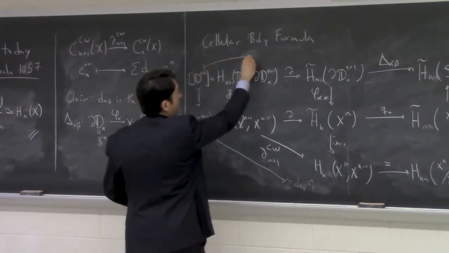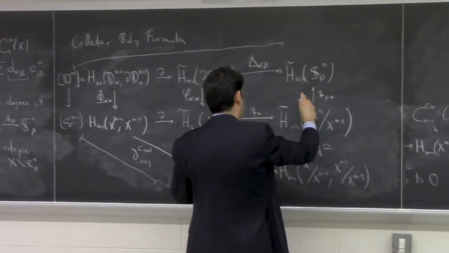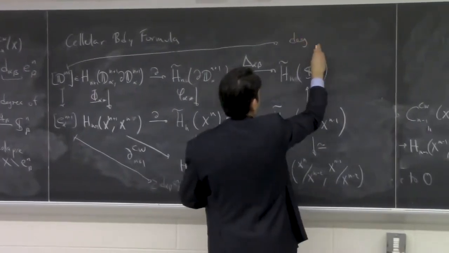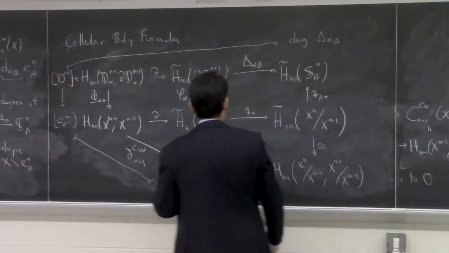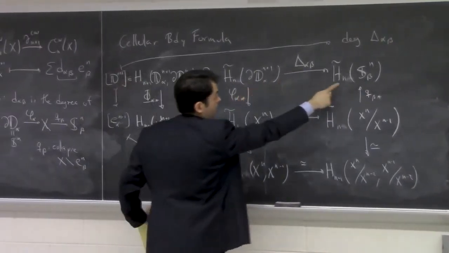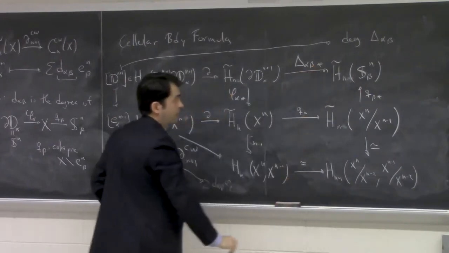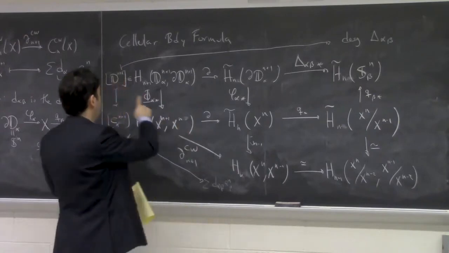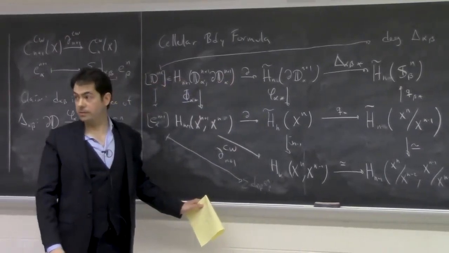When you map this guy this way, you get the degree of delta alpha beta, because this is exactly this map. This is the induced map, and it's given by multiplication by the degree. And this was a generator, so we just have multiplication by the degree times 1.